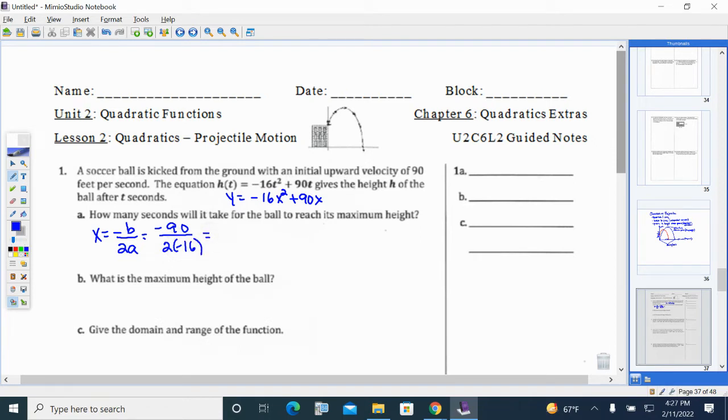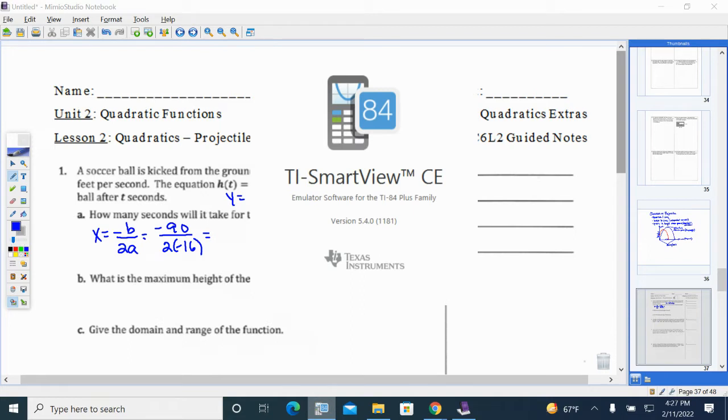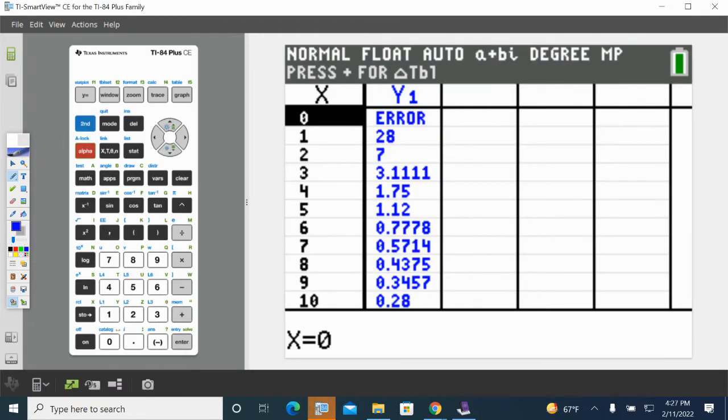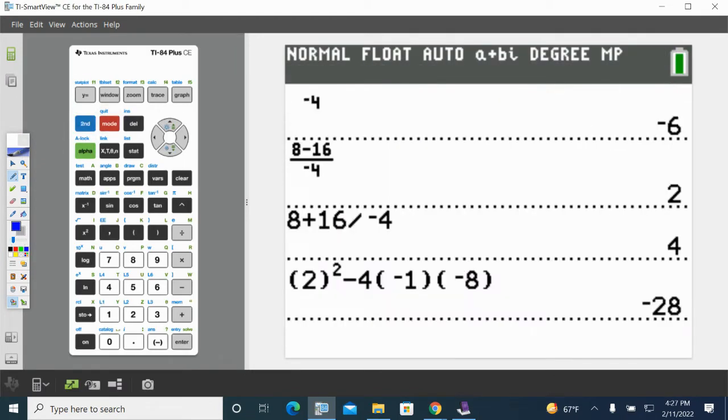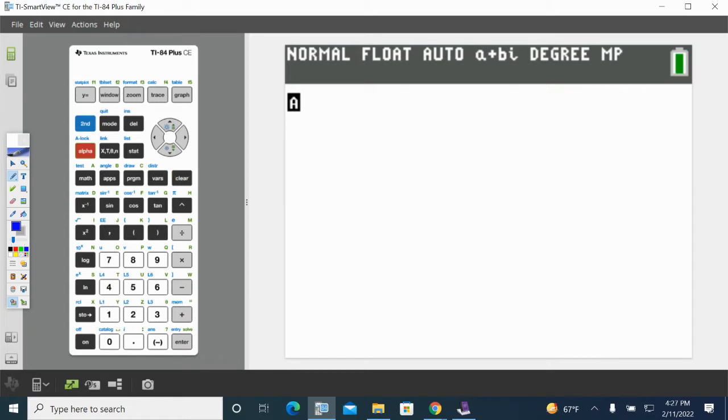Let me just put that in the calculator. Negative 90 over 2 times negative 16.